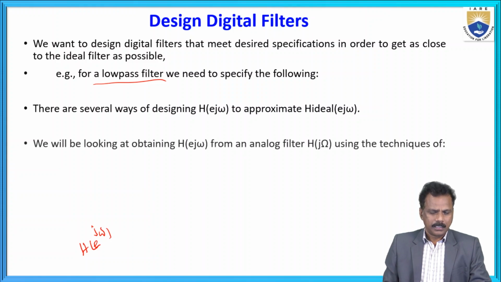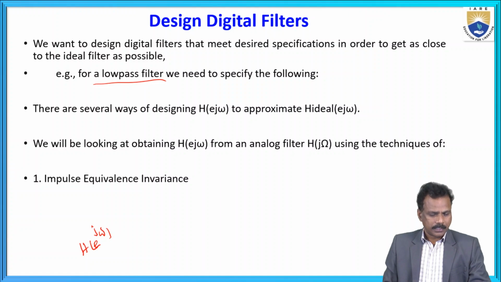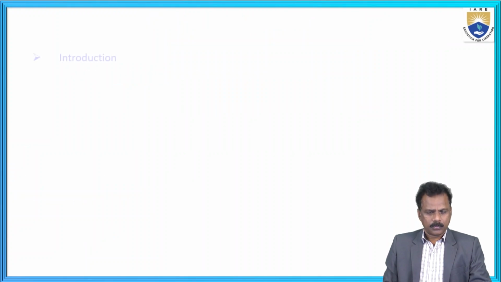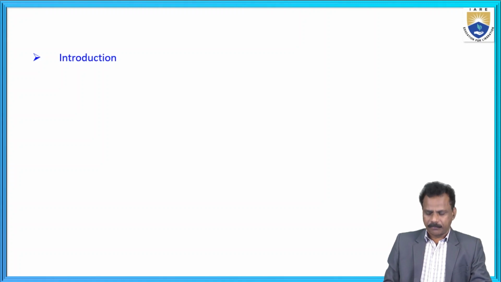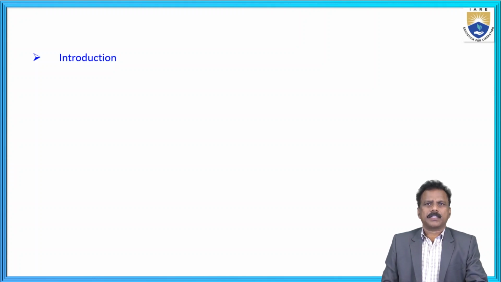We will be looking at obtaining H(e^jω) from an analog filter H(jω) using these techniques: impulse invariance, and next, bilinear transformation. For this, some basic knowledge is required on how we design these digital filters, either IIR or FIR, recursive or non-recursive, with N equal to 0.